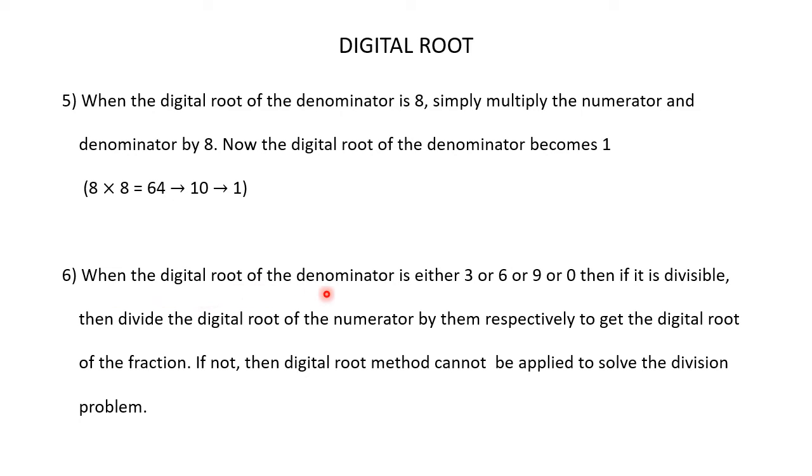When the digital root of the denominator is either 3 or 6 or 9 or 0, then if it is divisible, divide the digital root of the numerator by them respectively to get the digital root of the fraction. If not, then the digital root method cannot be applied to solve the division problem.